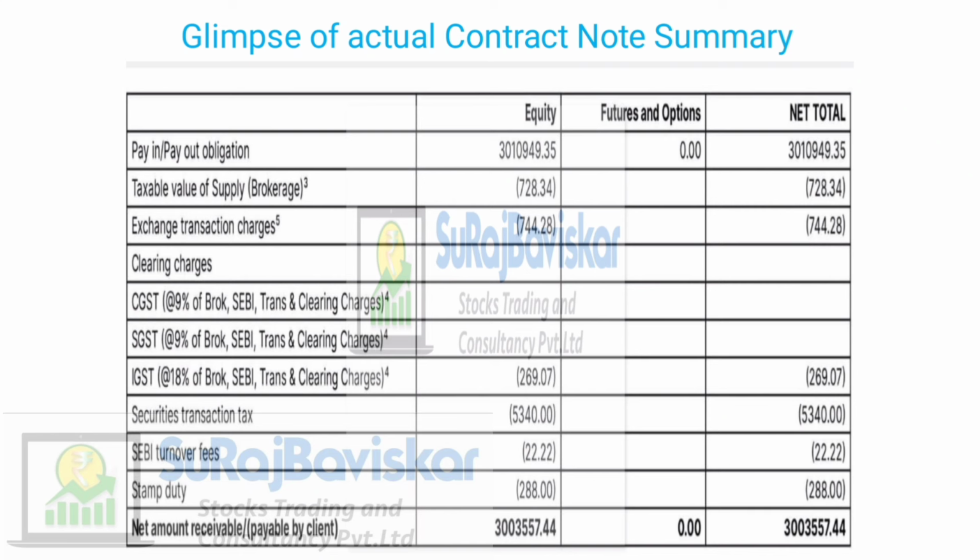Just have a glimpse of an actual contract note summary here. You can see the total amount, the pay in and pay out obligation.